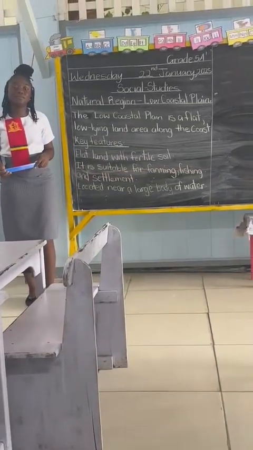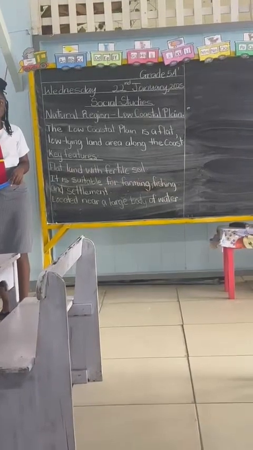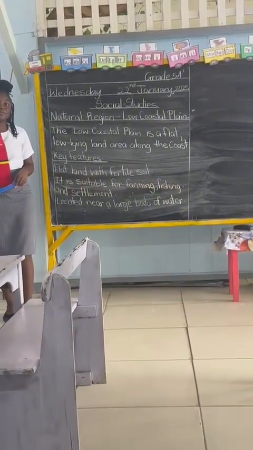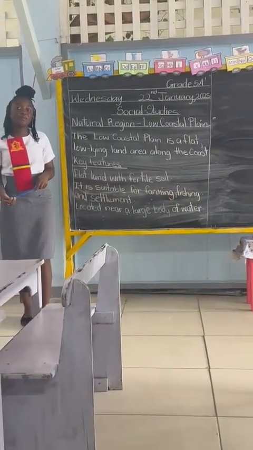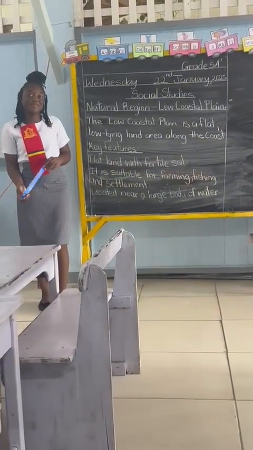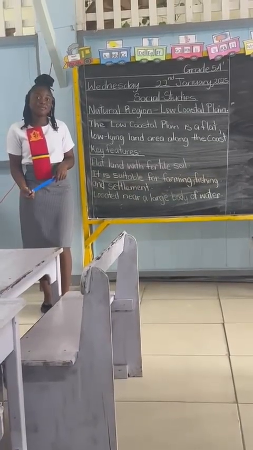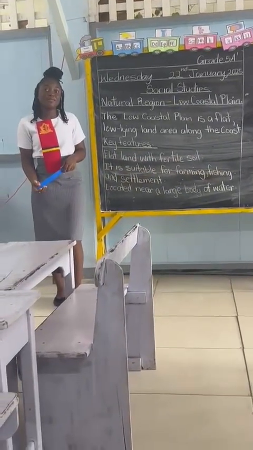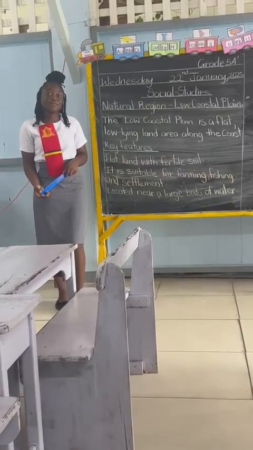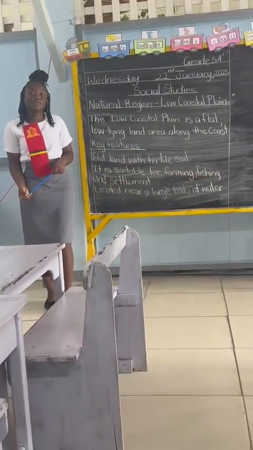Miss, what comes to mind is where we live, which is region 5. I know that the land is flat, and also the definition itself stated that it's a flat, low-lying land area along the coast.